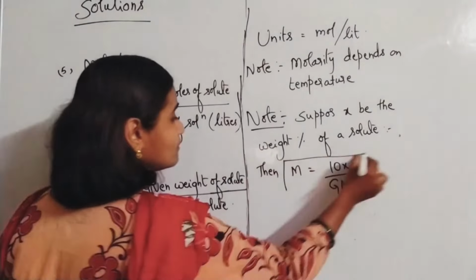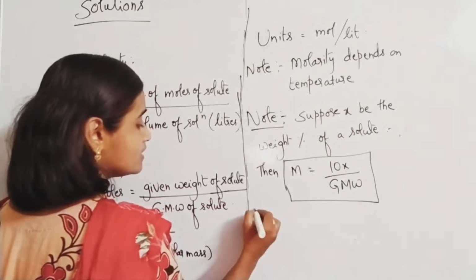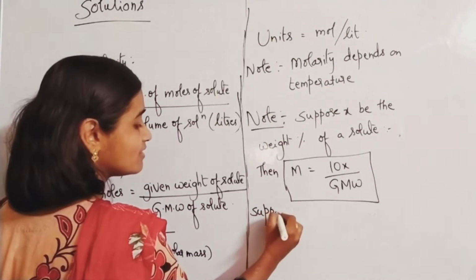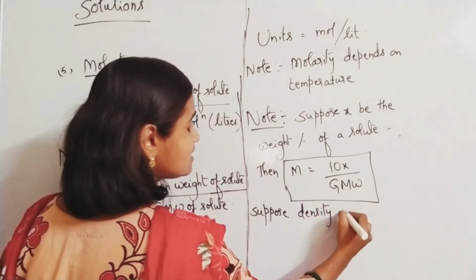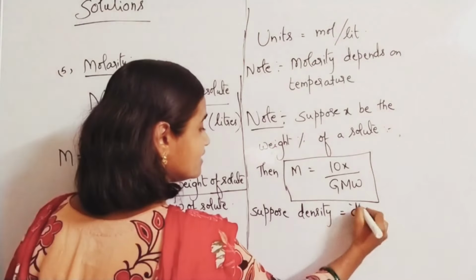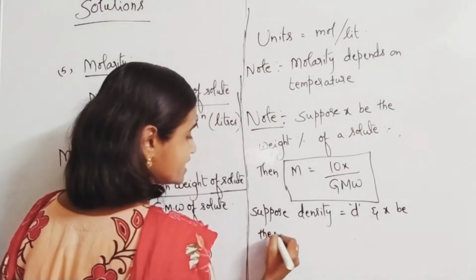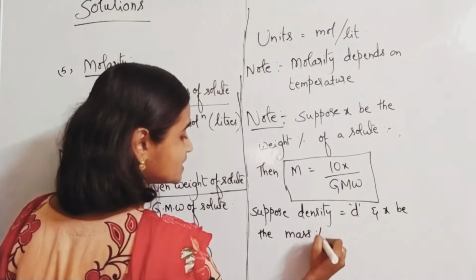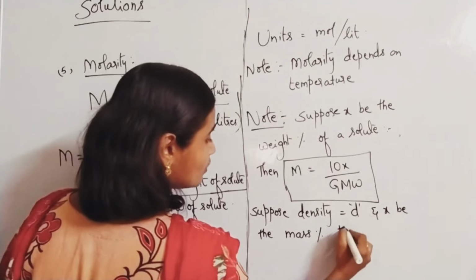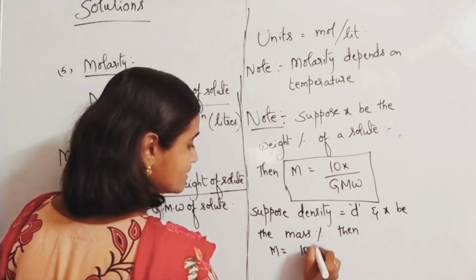Please remember. Suppose density is also given. Suppose density is given, density be D and X be the weight percentage or mass percentage. Then molarity is given by the formula 10 dx by GMW.